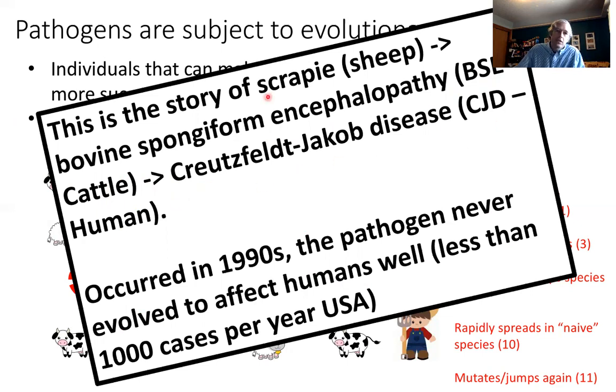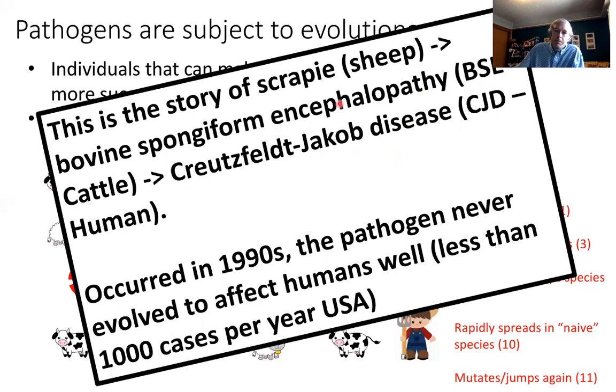Now what's interesting is that scrapie had been present in sheep for a very, very long time. So 100 years, well over 100 years. Scrapie jumped from sheep into cattle and then became BSE, and then within the space of a year or two, it subsequently jumped into people and became Creutzfeldt-Jakob disease.